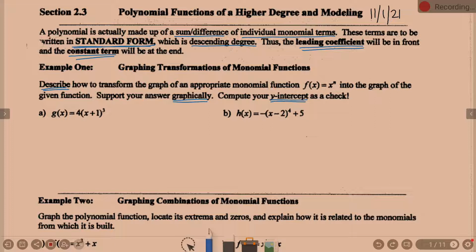I know we don't normally have to talk about this because normally when we do this type of stuff, it's all one type of graph. What type of graph is this? What is the graph that Natalie's telling me to move left 1 and stretch by 4? y equals x cubed. You see that x raised to the power of 3 in there? Now, we'll eventually look at the calculator, don't worry.